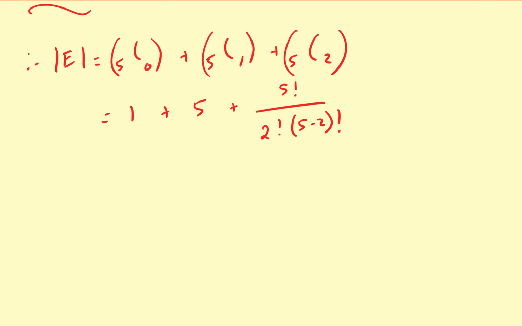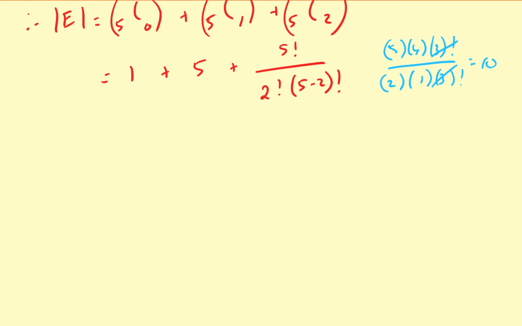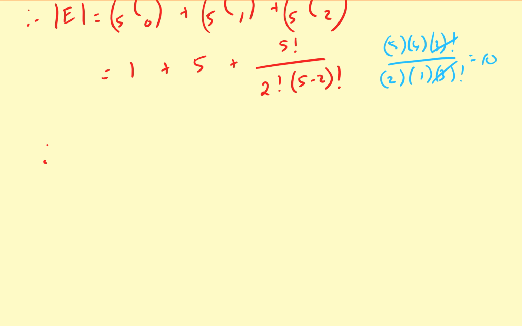So 5 factorial is going to be equal to 5 times 4 times 3 factorial, over 2 times 1 times 3 factorial. The 3 factorials will cancel. 5 times 4 is 20, divided by 2 is going to be 10. So that's going to be 10. That means the size of E is going to be equal to 1 plus 5 plus 10, which is going to be equal to 16.